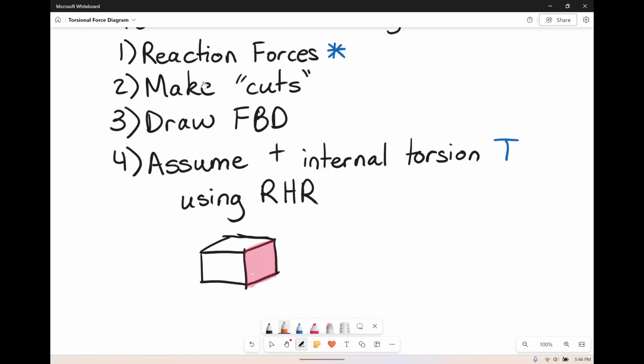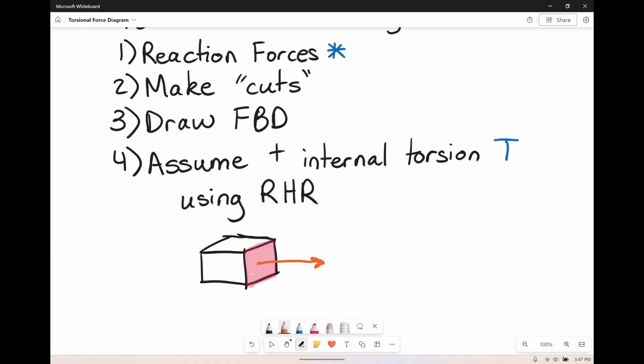So in order to use right hand rule, you have to figure out where your thumb's pointing, and your thumb is going to be in the positive normal direction. So again, if you haven't checked out that axial force diagram video, give it a look because this will help you a lot. Positive normal again is away from the face. We're going away from the face of our cut, and that's the direction of our thumb.